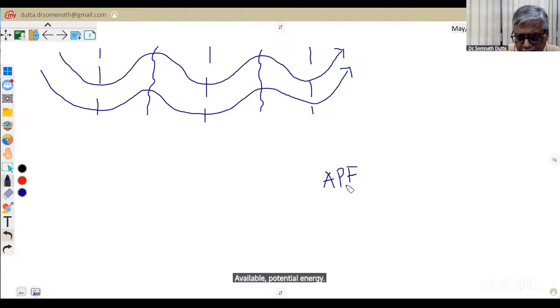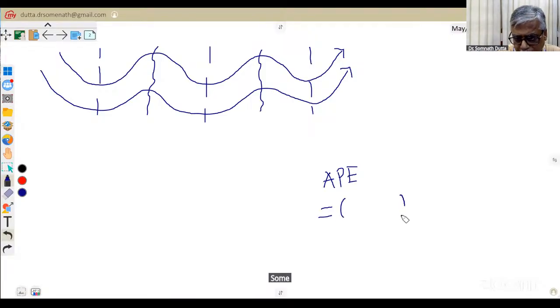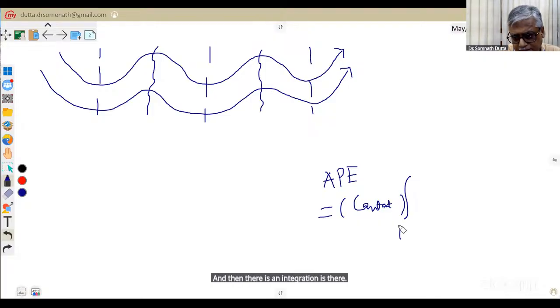Let us forget about its exact expression, but let us remember one thing. This expression looks like this. Some constant is there, and then there is an integration. This integration is from the surface up to the top of the atmosphere, that is P top.